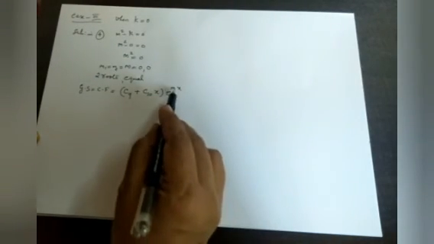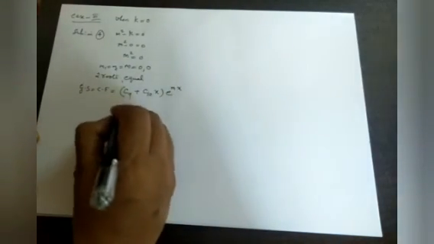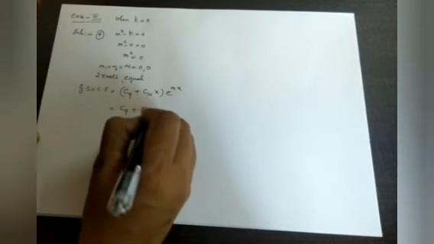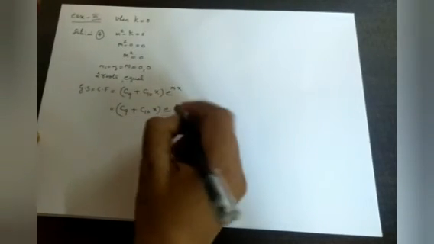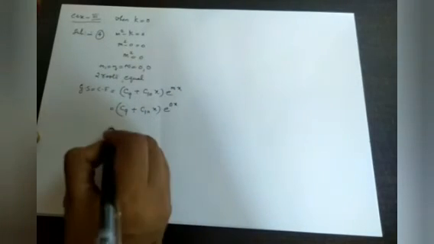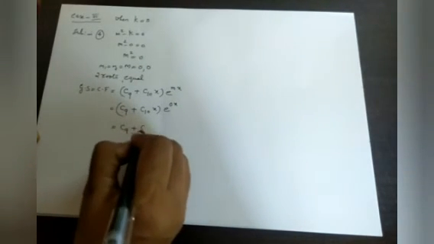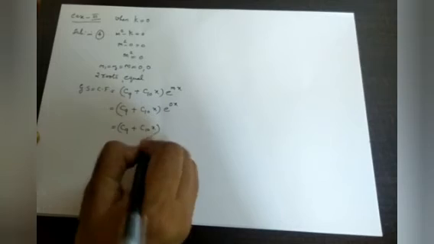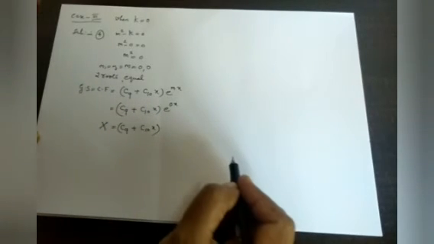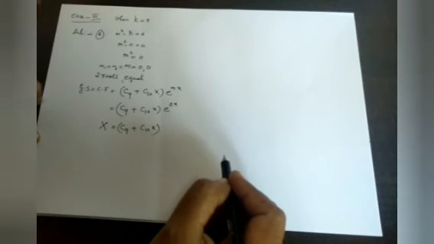Therefore here we will take e raised to mx. It is equal to C9 plus C10x into e raised to, in the place of m we have 0x. It is C9 plus C10x. This is the solution of capital X.